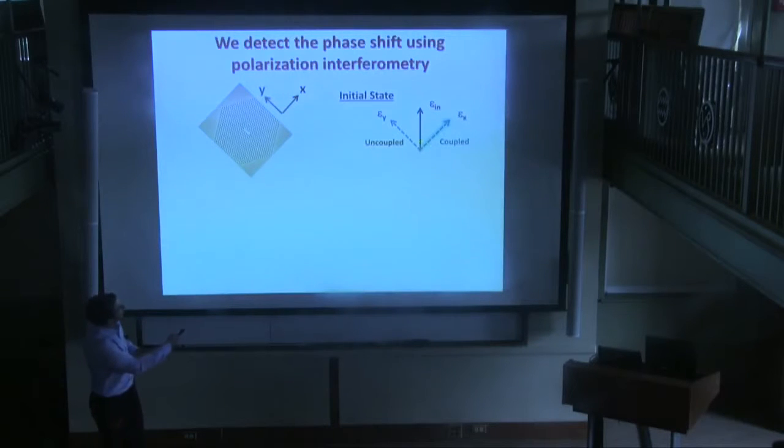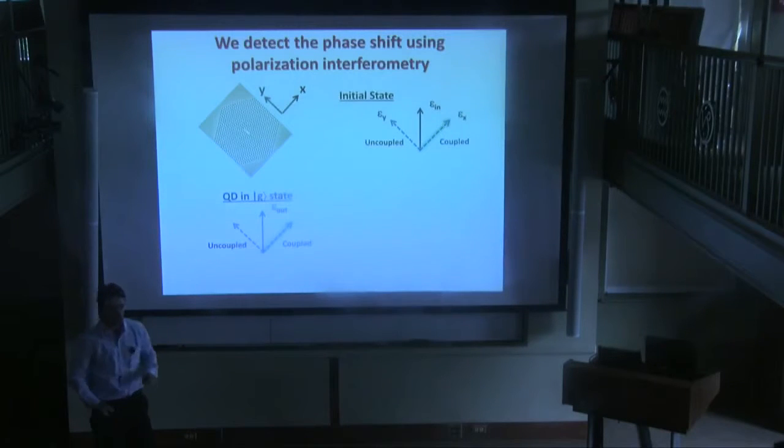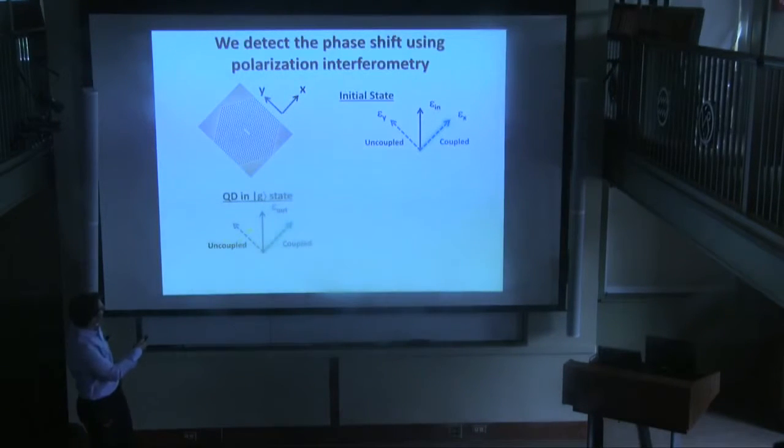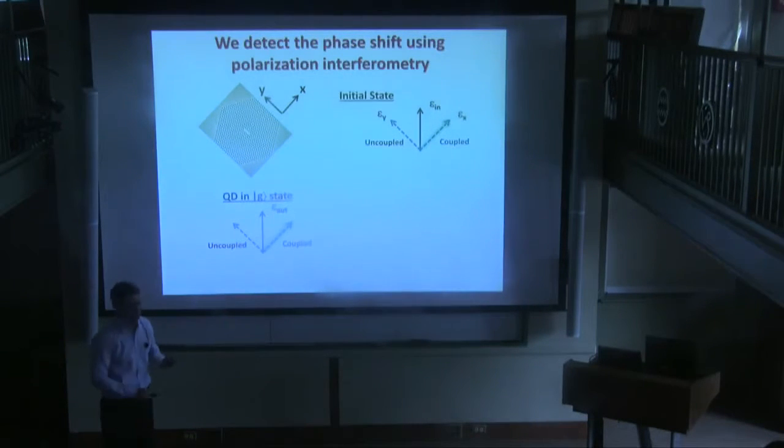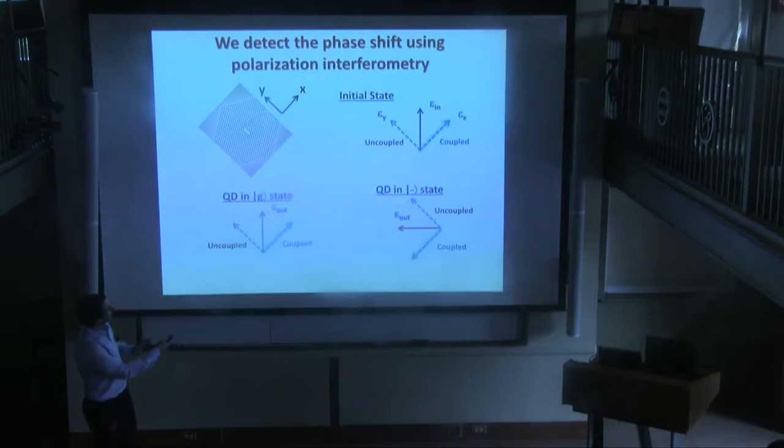So if we send a photon that is 45 degrees rotated to this axis, then if the quantum dot is in the ground state, this component, which couples to the cavity, doesn't pick up any phase shift. It remains with the same phase, and when it adds with this uncoupled component, the polarization of the photon doesn't change. If we transfer the state to the minus state, however, this one picks up a pi phase shift.